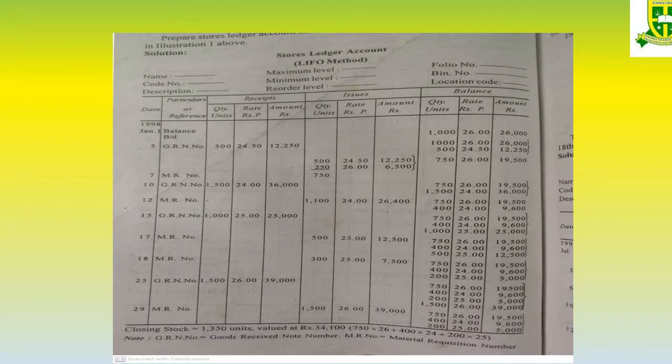In FIFO method, the material purchased on the first will be sent outside. But in LIFO method, whatever material you purchased on the 5th, we have to send it first. That is called LIFO method. According to the material type, we have to send it first or last, so you have to decide according to your company need. So this is the second method, LIFO method.